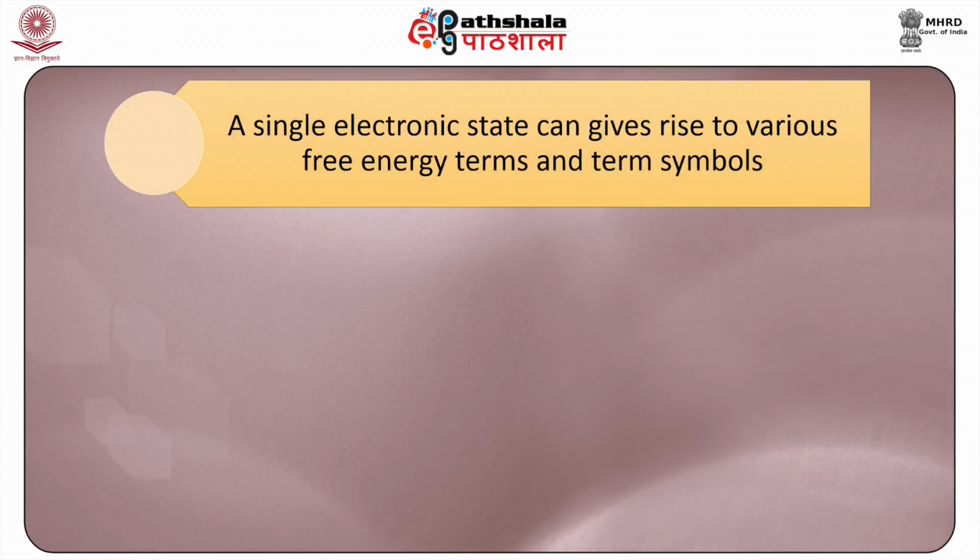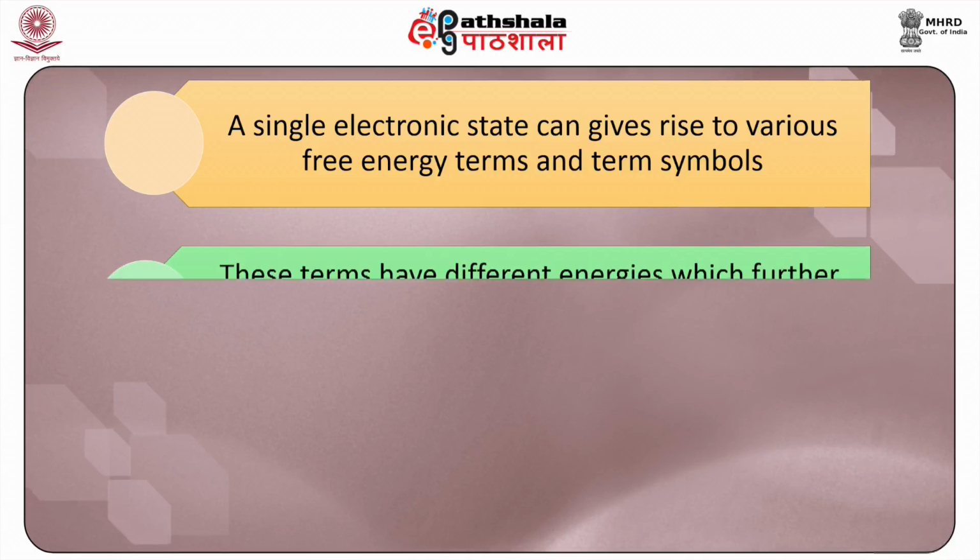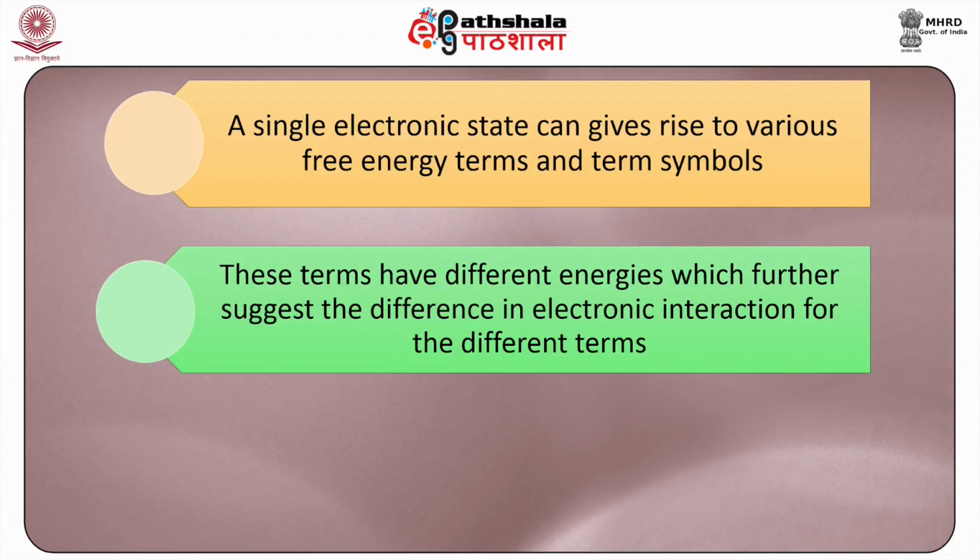A single electronic state can give rise to various free ion terms and term symbols. These terms have different energies, which suggests the difference in electronic interaction for the different terms.